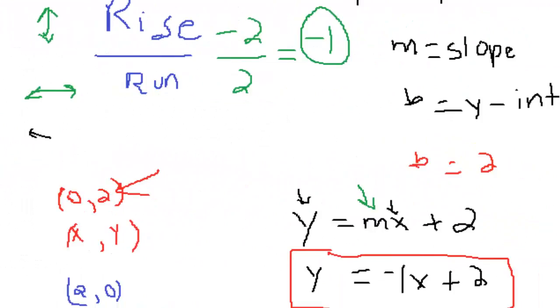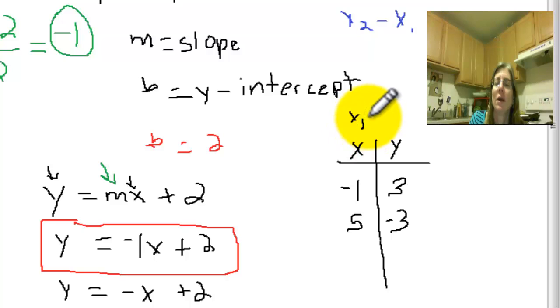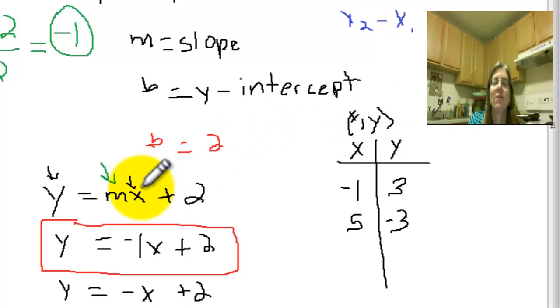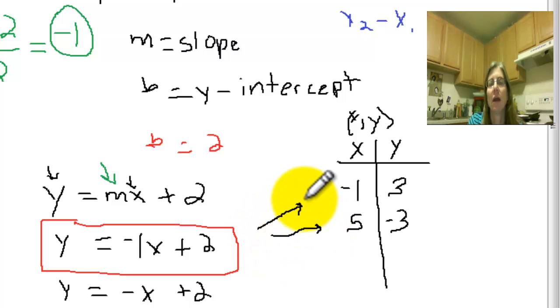Because these x, y values are coordinates, they represent a point on the line. So when you plug in values for x and y, you're churning out points for this line. And that's the point of the linear equation, so to speak. All right, so that's that.